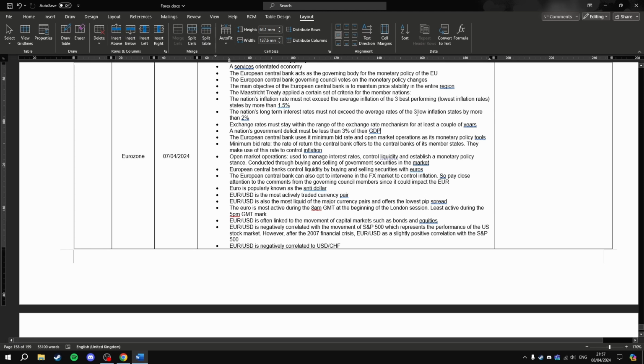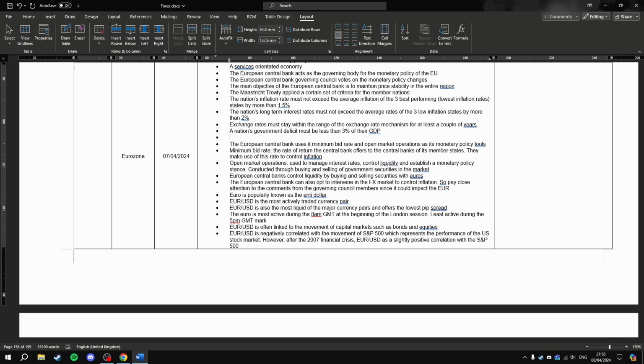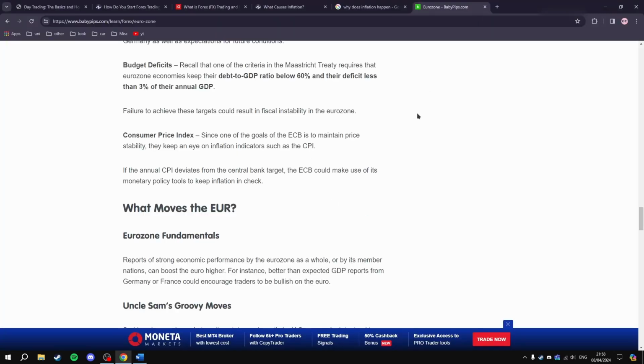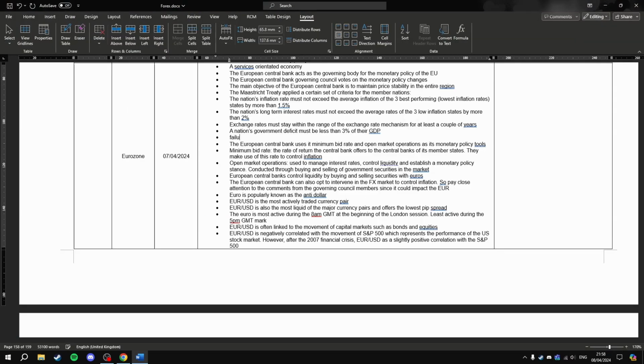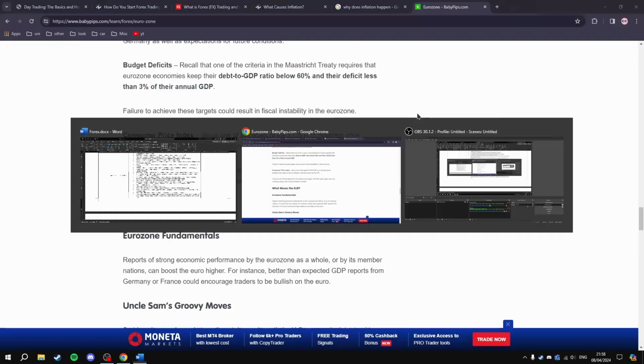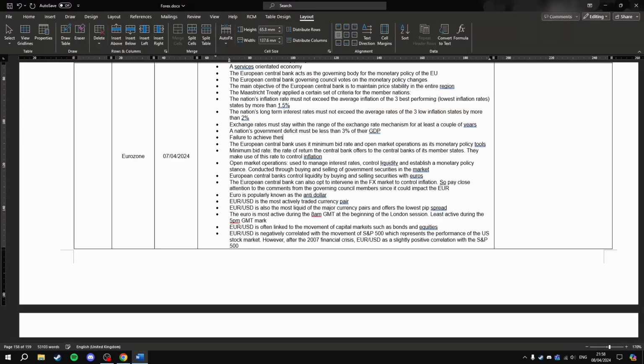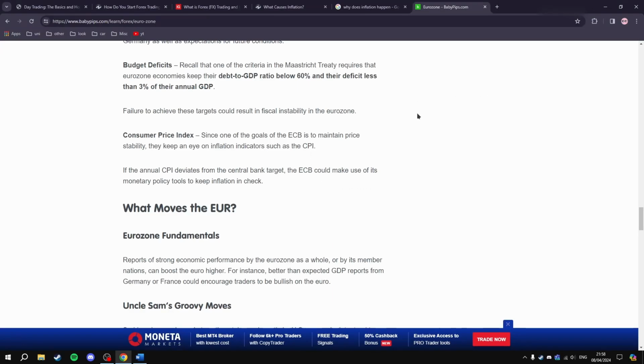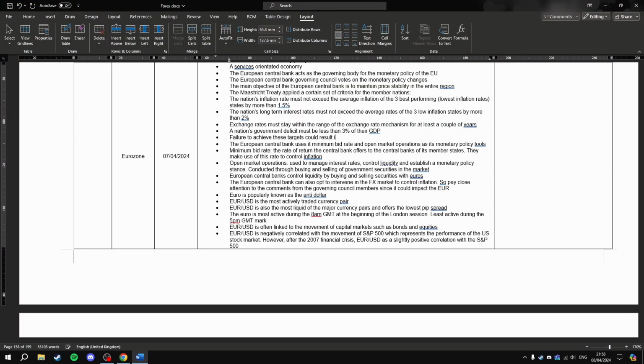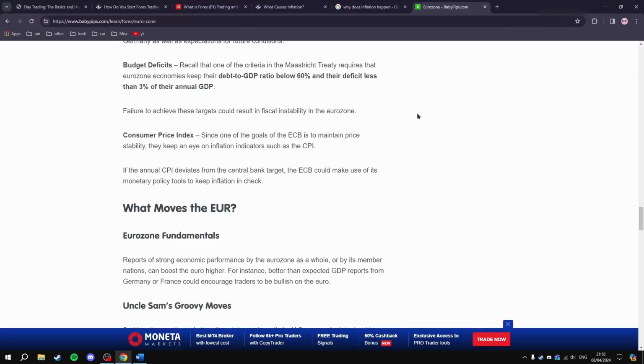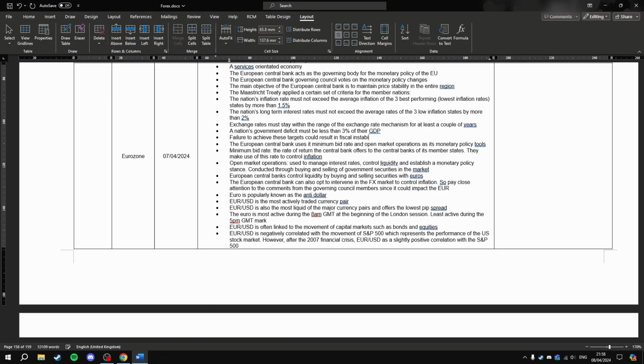So failure to achieve these targets could result in fiscal instability in the Eurozone.